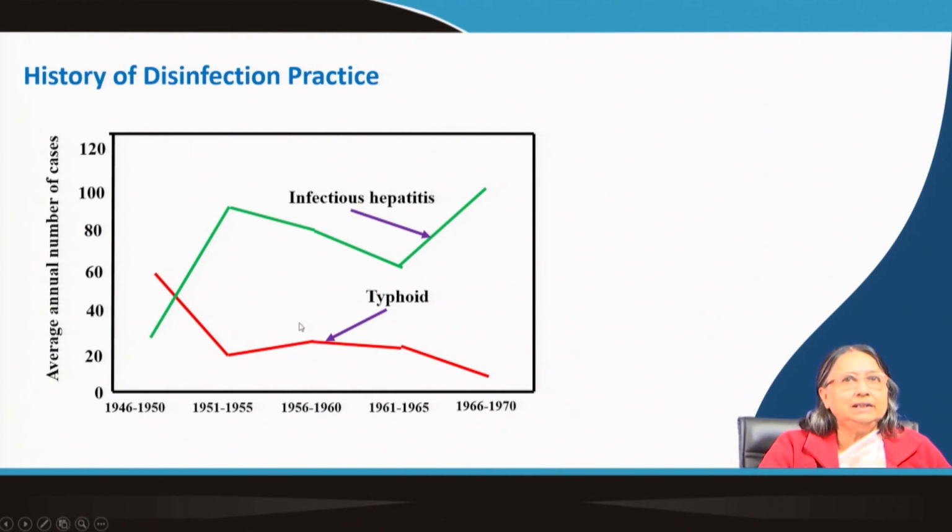So, why is it so? Because this is a virus-caused disease. So, disinfection practice is not effective to kill the virus. Typhoid is caused by bacteria, so disinfection can kill those types of microorganisms.